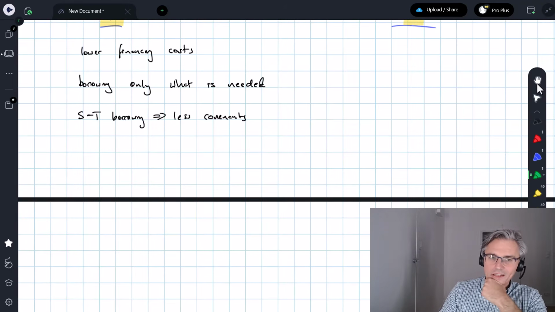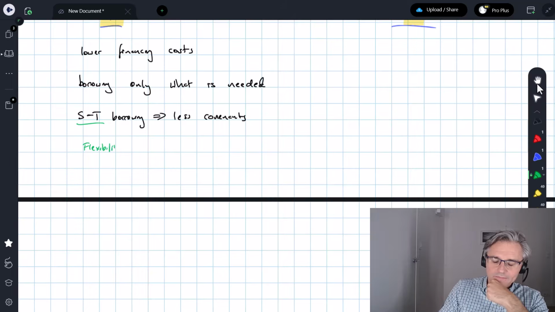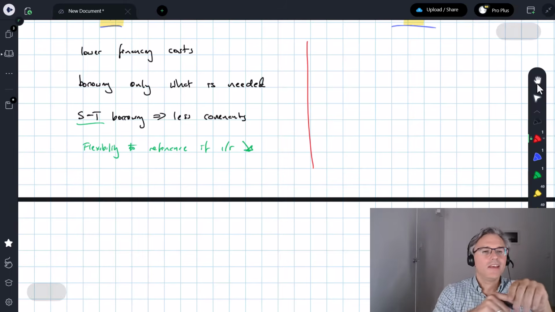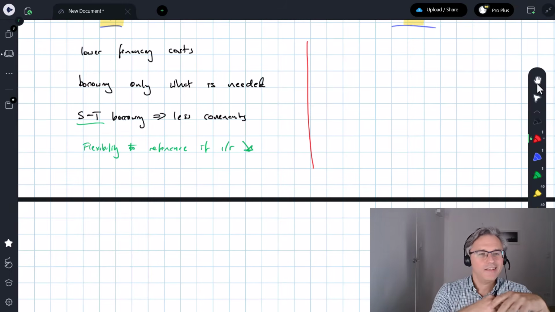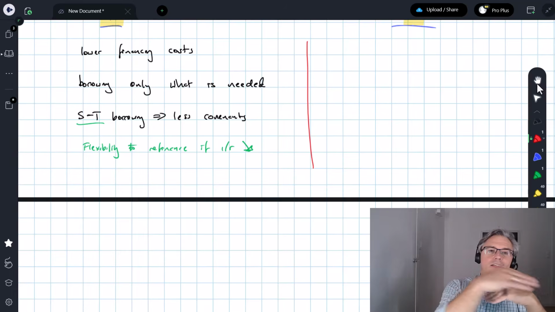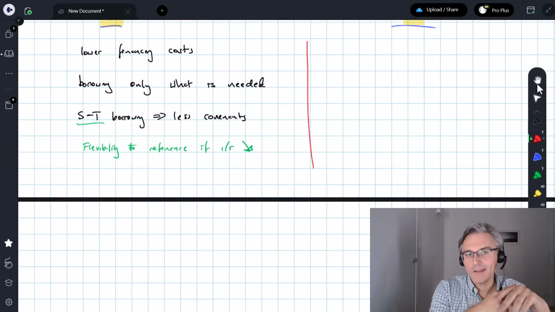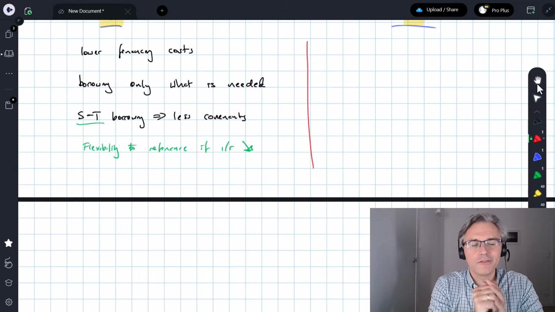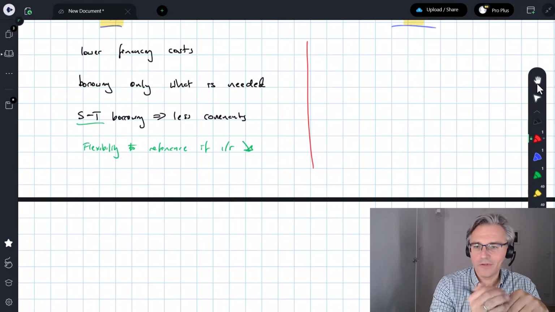On the other hand, because we're using short-term debt, we've got the flexibility to refinance our borrowing if interest rates in the market go down, so we lock in a lower rate. Whereas if you've got long-term debt, you have to keep paying that steady fixed interest rate, which on the one hand is good because it's predictable, but it may mean that you're missing out on the opportunity to borrow at a cheaper rate.